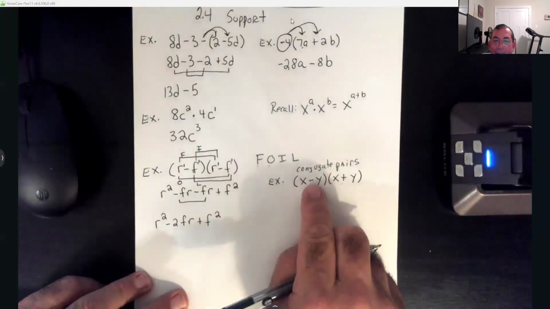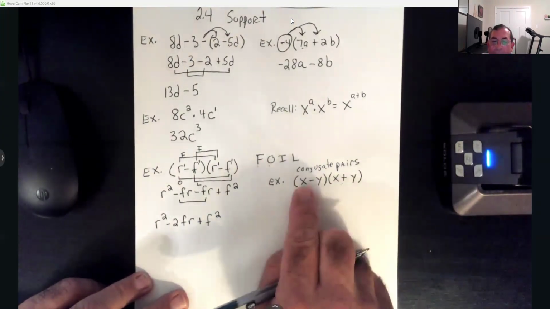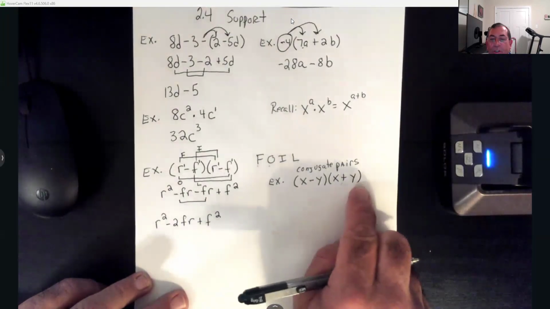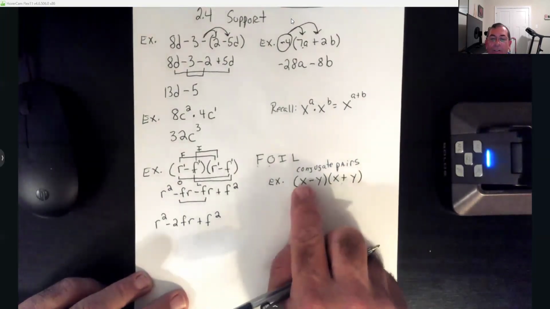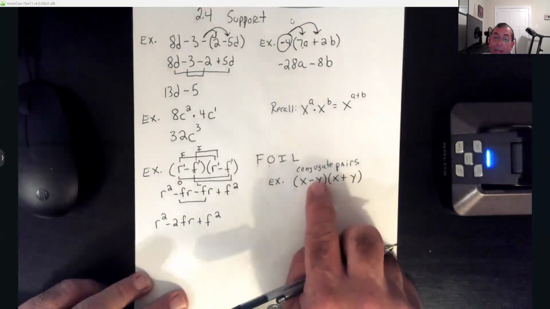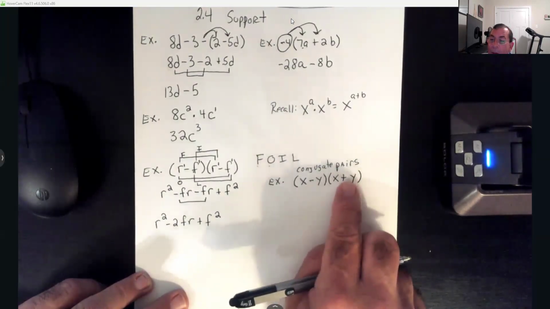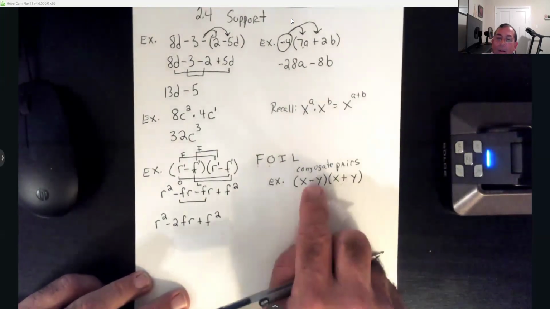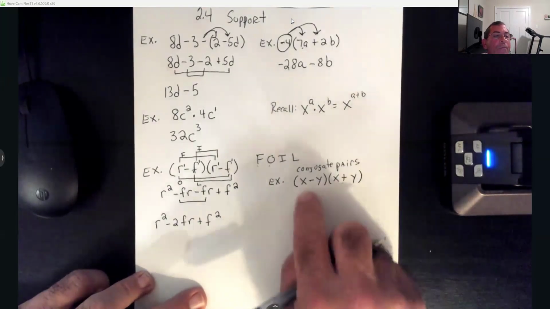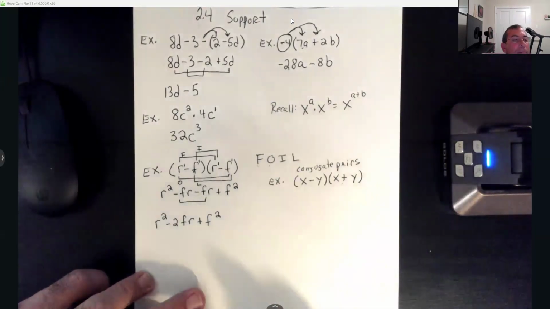So that could be x minus 5, x plus 5, x minus 3, x plus 3. Conjugate pairs look exactly the same other than one's being subtracted, one's being added. Watch what happens when you FOIL these.